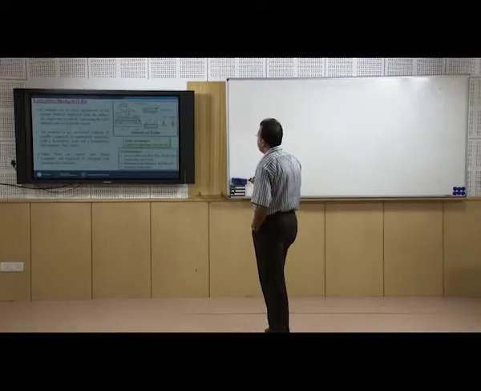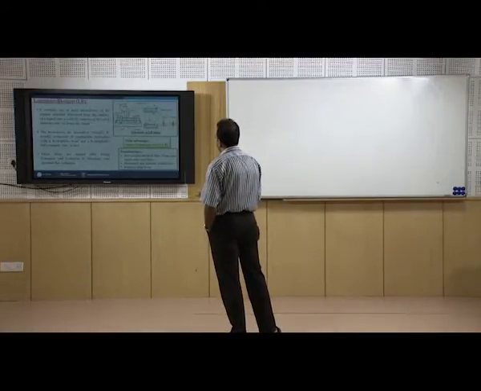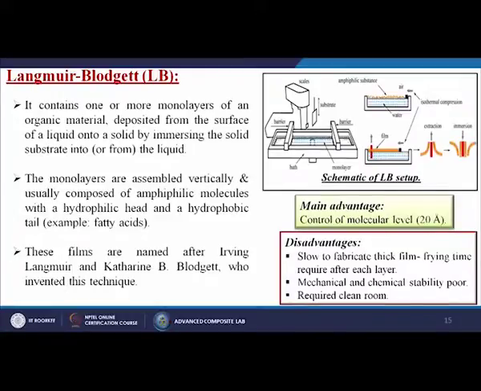So, here is the schematic diagram of the Langmuir Blodgett setup. We have the substrate, the barrier, the scale, and the bath in which we keep our monolayer materials. First we dip our substrate into that layer itself.